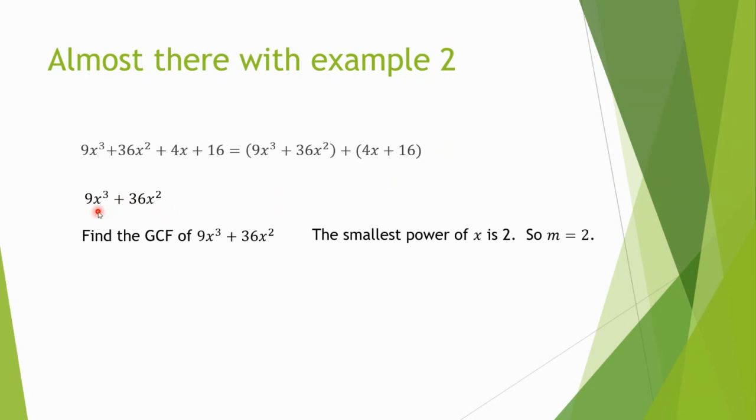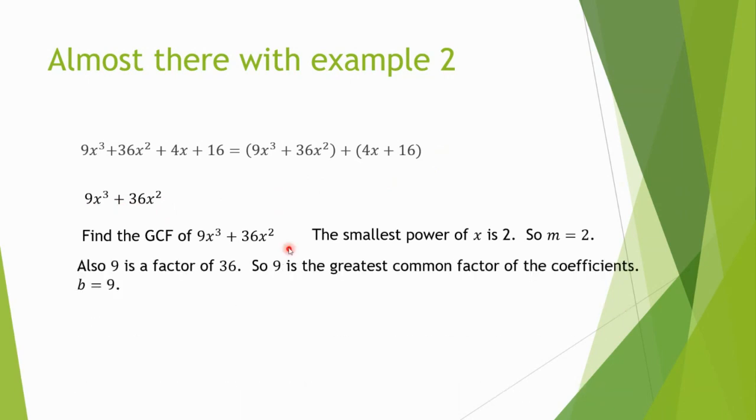So 9 is the greatest common factor of 9 and 36, and so our b is 9. So we have our b, we have our m. Altogether, we have the GCF of this, 9x squared. That's good, that's cool, that's fun.